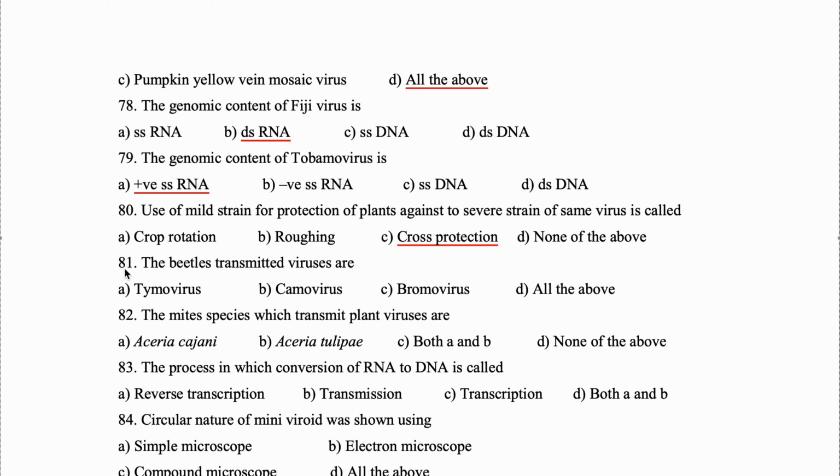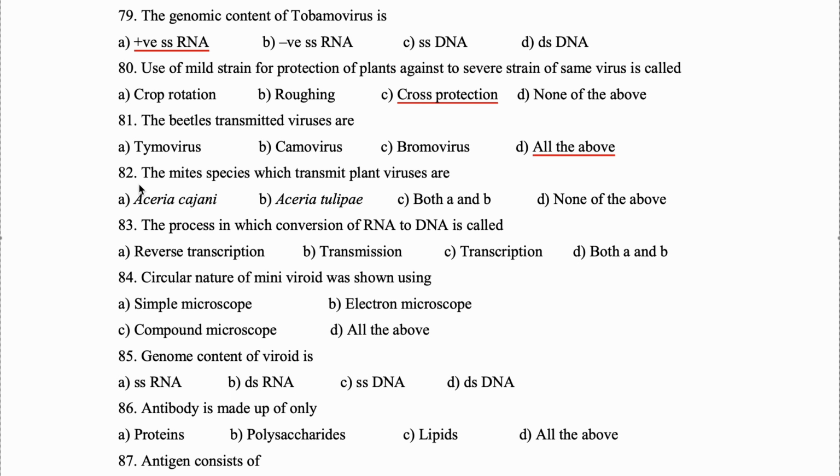Okay. Next, 81. The beetle transmitted viruses. Comovirus, bromovirus, all are correct. Question 82. The mite species which transmit plant viruses, Aceria cajani, Aceria tulipae, both are correct. Question 83.